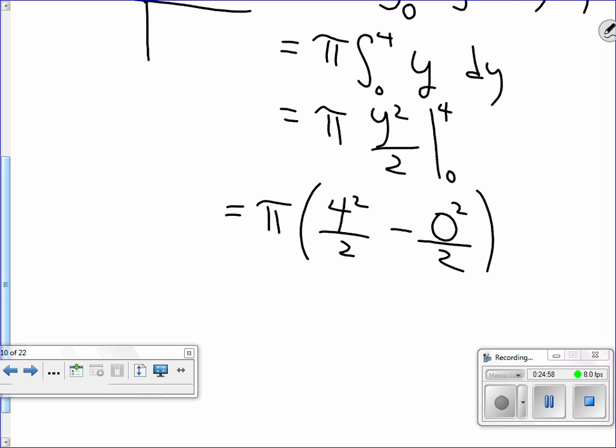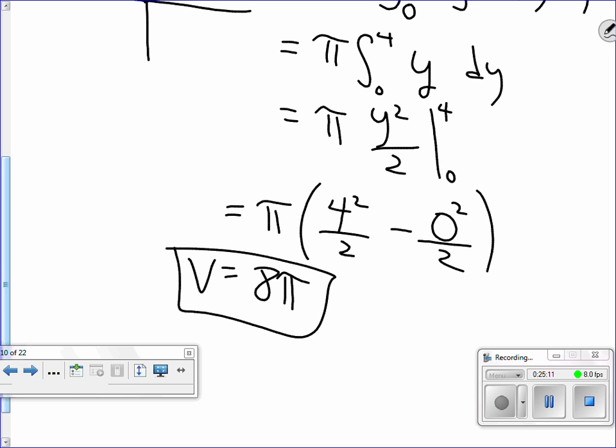Yeah. 8 pi. You agree? Yeah, they agree. So 8 pi cubic units, whatever they are, that's the volume of that solid of revolution that we just had. Cool, eh? It's not bad. If you can just remember, you integrate pi r squared dx or dy. That's the disk method.